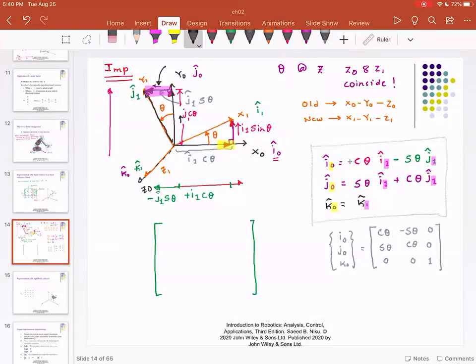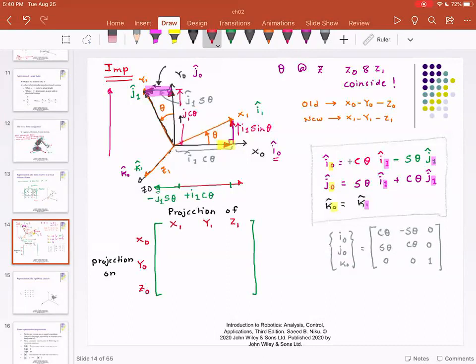Consider this is projection of and this is projection on. I'm going to rewrite this. I'm interested in finding out the projection of x1, y1, z1 on x0, y0, z0.